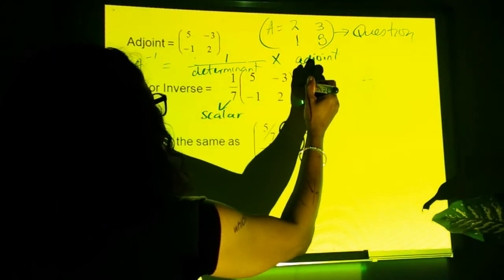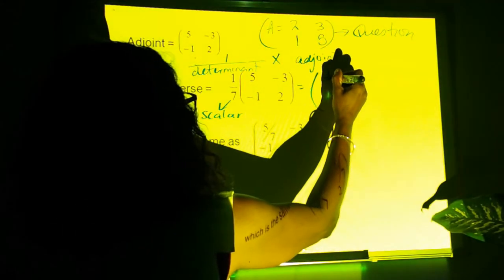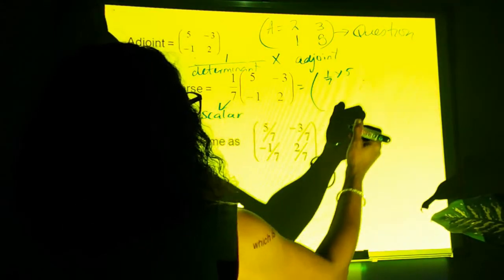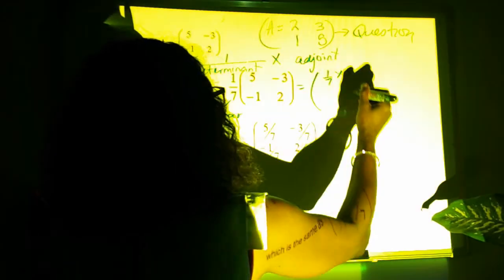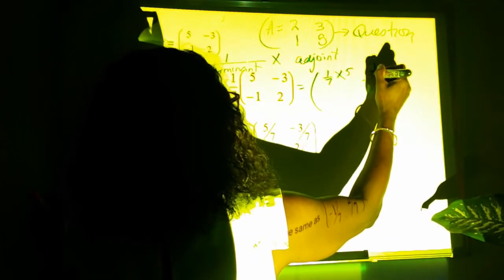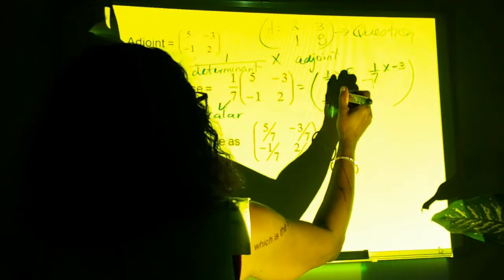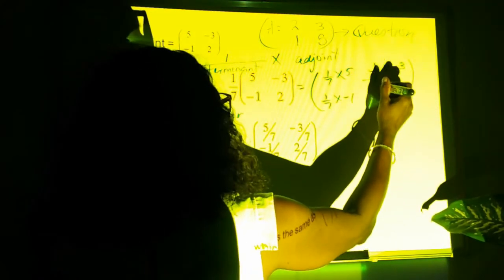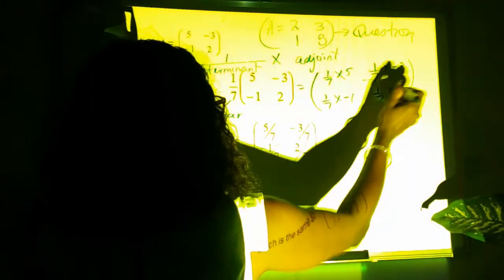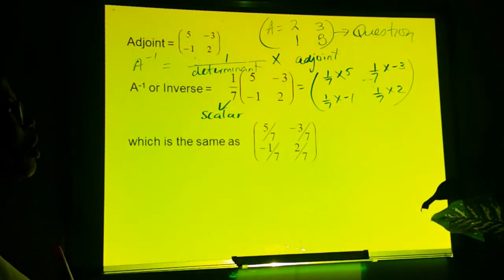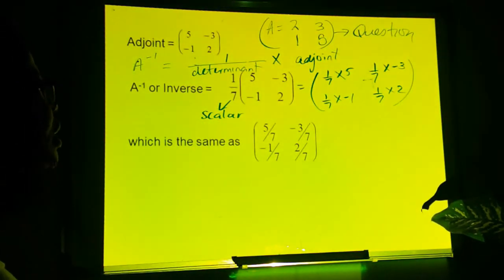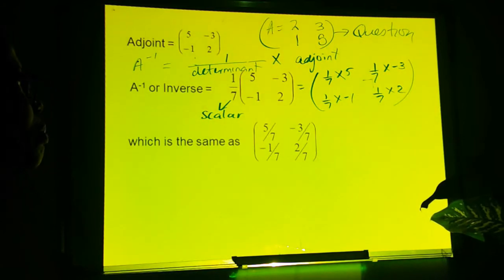So we have here 1 over 7 times 5, 1 over 7 times negative 3, 1 over 7 times negative 1, and 1 over 7 times 2. Each of the elements in the matrix is being multiplied by 1 over 7.